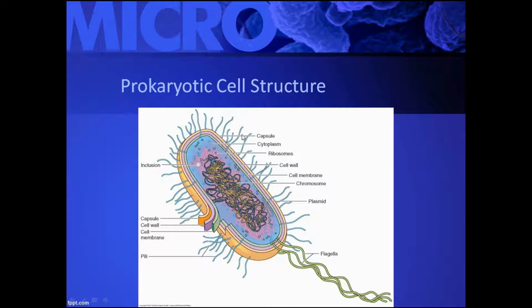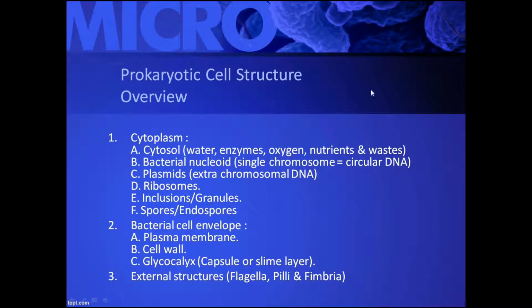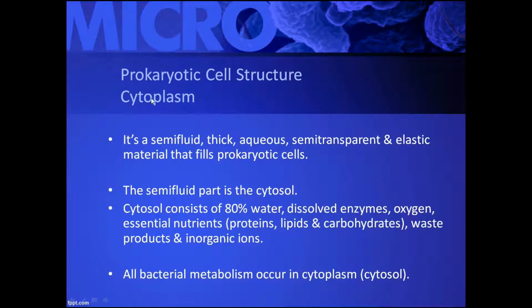Surrounding the bacterial envelope, they have external structures like flagella, pili, and fimbria. So this is what we have just said. And the cytoplasm is the semi-fluid, thick, aqueous, transparent, elastic material that fills prokaryotic cells. The semi-fluid part, as in eukaryotes, is also the cytosol.